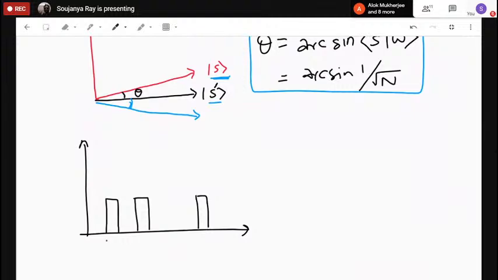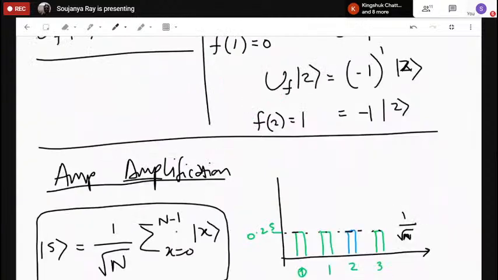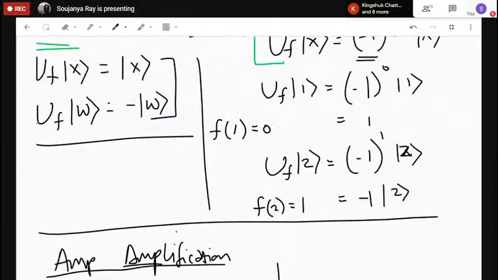So we had 0, 1, 3. Now when you reflect it using the UF oracle, it puts the amplitude in the negative way that we saw with the example. It puts a negative sign in front of the searched item.